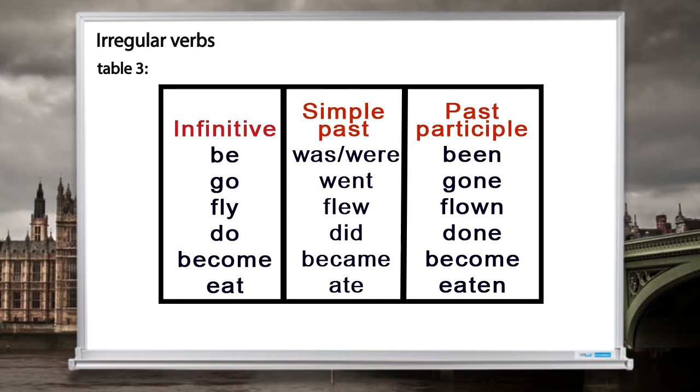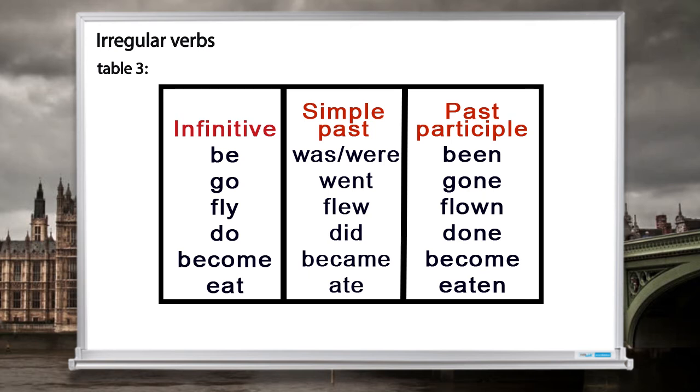Then we have the verb go, that becomes went, and later in past participle it's gone. Then the next one is fly, that becomes flew, and past participle flown. Do, did, done. Then we have become, became, become. Eat, past simple ate, past participle eaten.